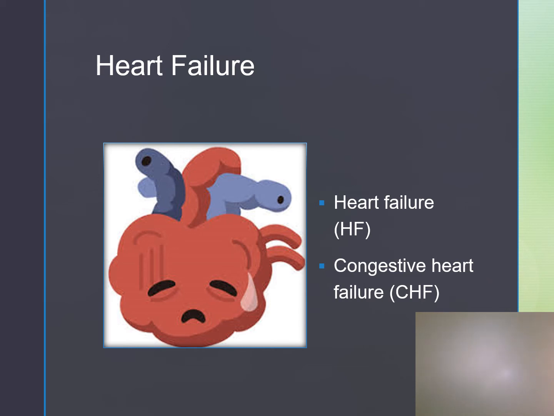Cardiomyoplasty is where the latissimus dorsi muscle is removed and then grafted to the aorta and wrapped around the heart. And then we use an electrical stimulator in a subcutaneous pouch to trigger the contraction of that skeletal muscle.